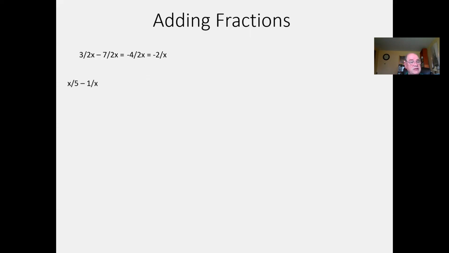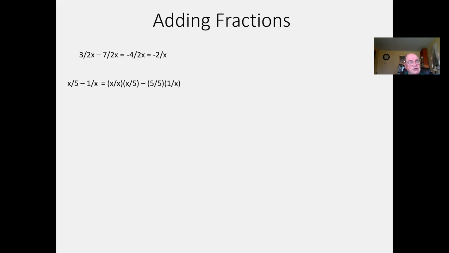Here we don't have a common denominator. And here's the mathematical way to add up two fractions which don't have a common denominator. You make the two expressions into two fractions which have a common denominator. You do that by multiplying by ones, by very clever ones.